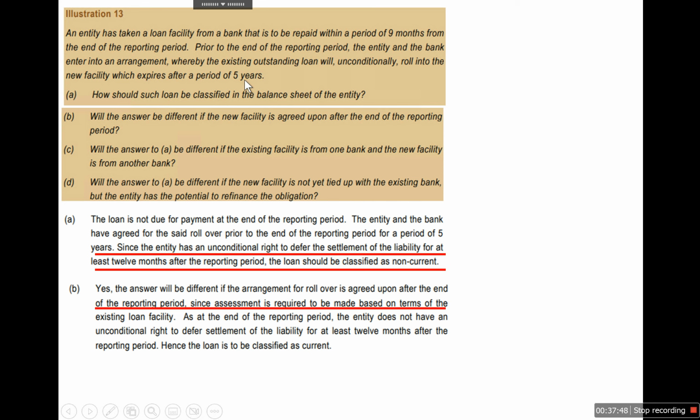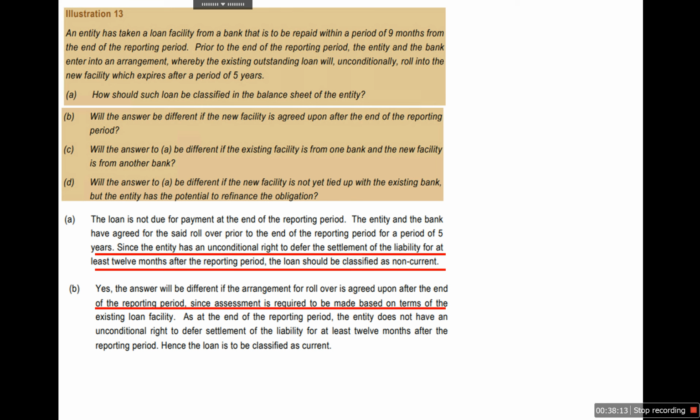So if any liability is payable after 12 months from the balance sheet date, it will be classified as non-current. Will the answer be different if the new facility is agreed upon after the end of the reporting period? Yes. If the arrangement is done before the end of the reporting period, it will be classified as non-current.